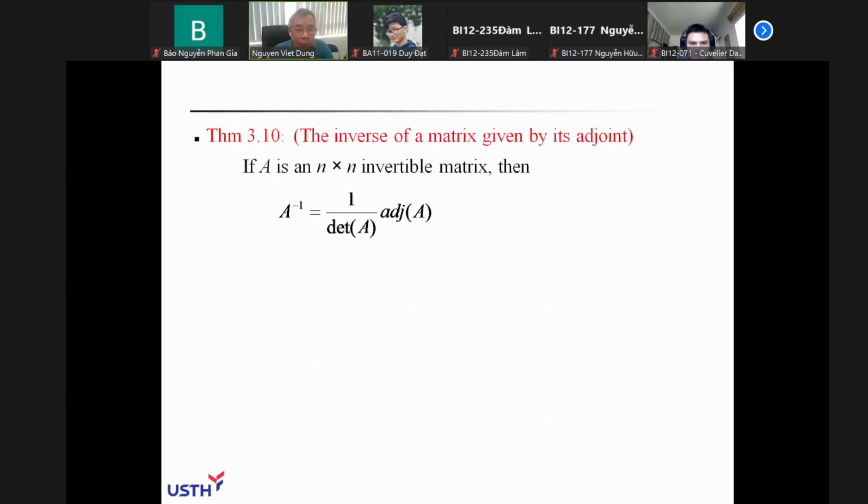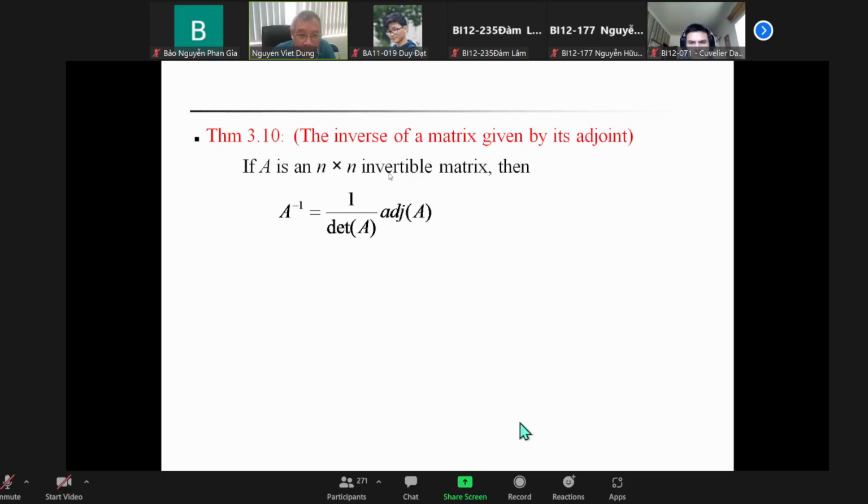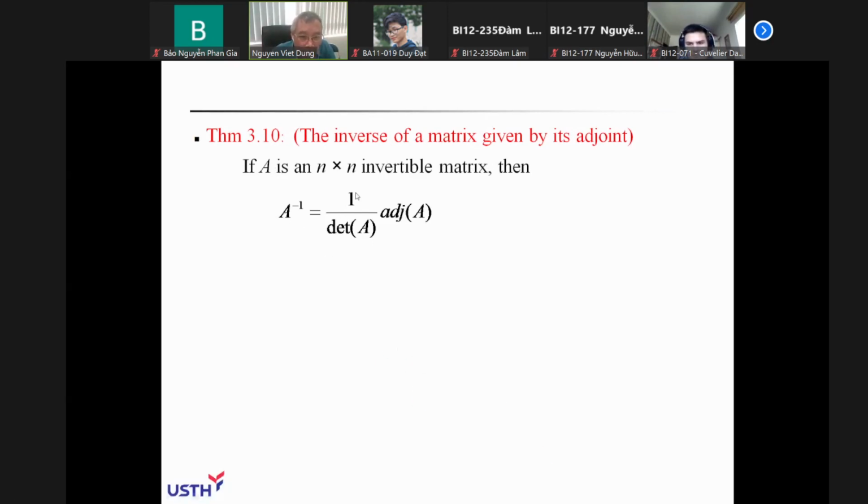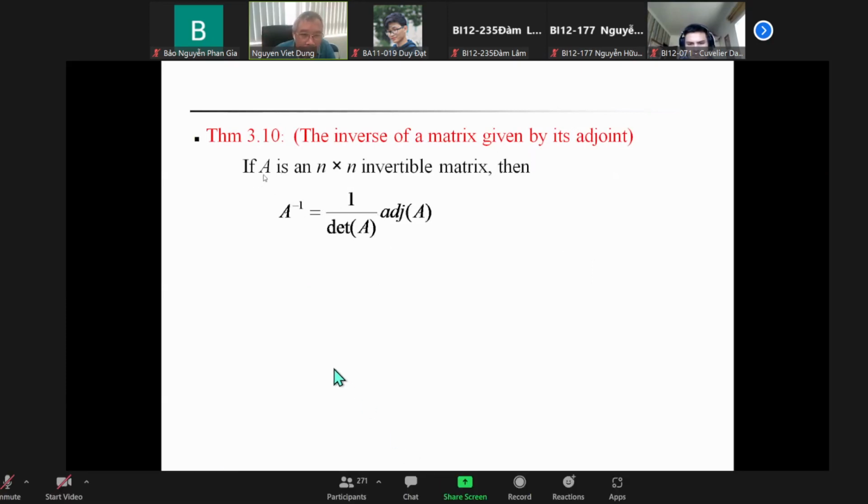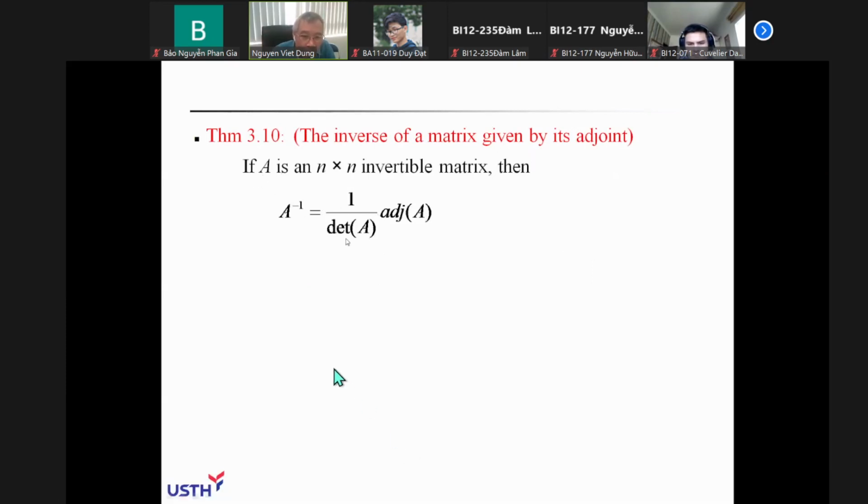Suppose that A is an invertible matrix of size n by n. Then the inverse of A will be 1 over determinant of A multiplied by the adjoint matrix of A. And you know already that A is invertible if and only if the determinant of A is non-zero.